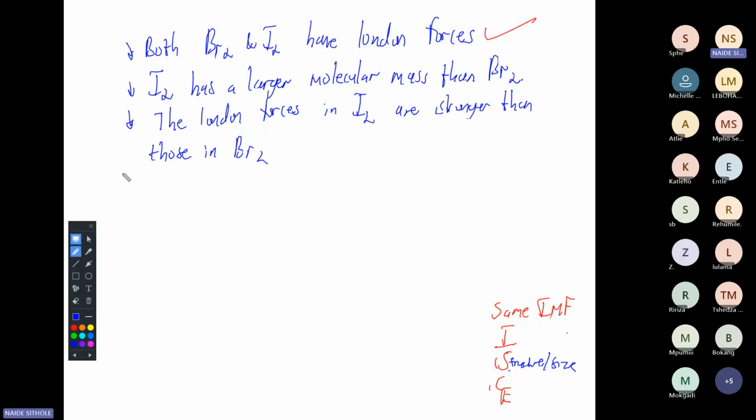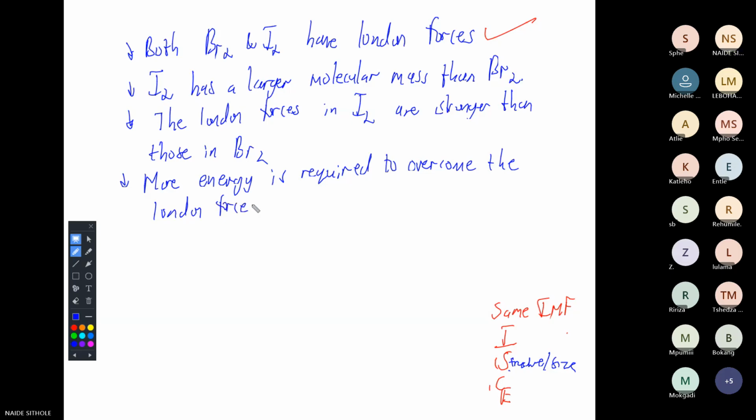Last point is energy. More energy is required. So you see it's 4 marks and I want 4 points. More energy is required to overcome the London forces in I2.